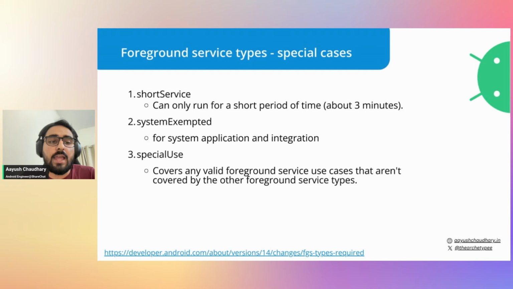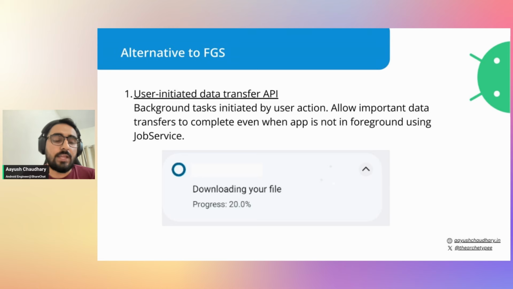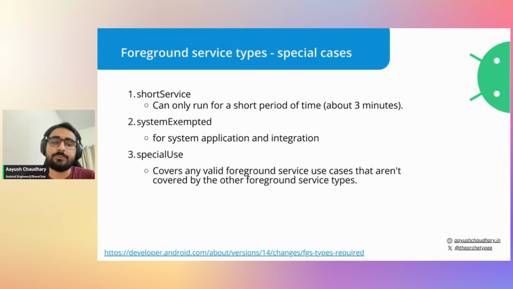It covers any valid foreground service use case that isn't covered by the other foreground service types. To use that, you have to specify a property element within the service element in the manifest and add an explanation about your use case. You can read more about service types in the documentation. I have added the link in the slide, and I'll share that too after this.